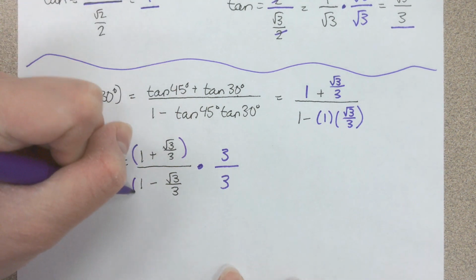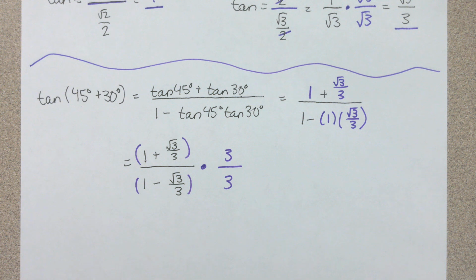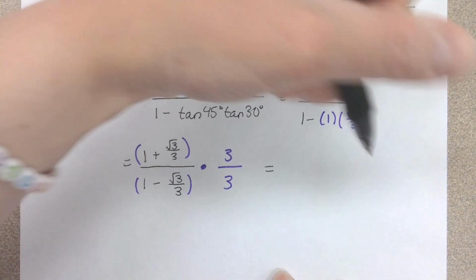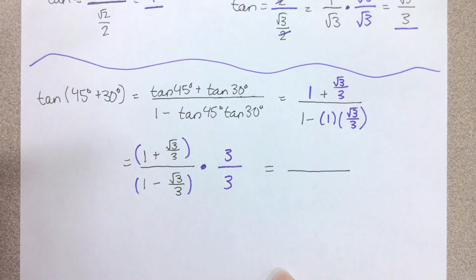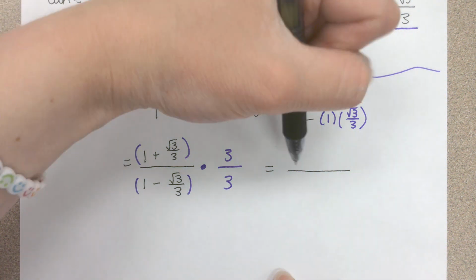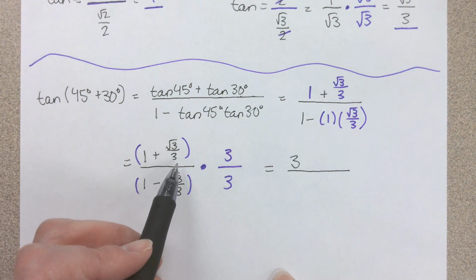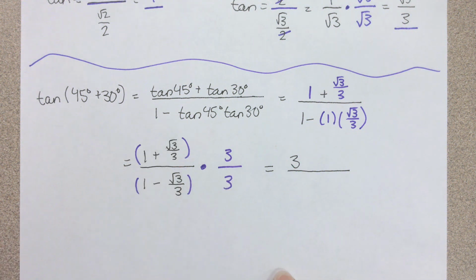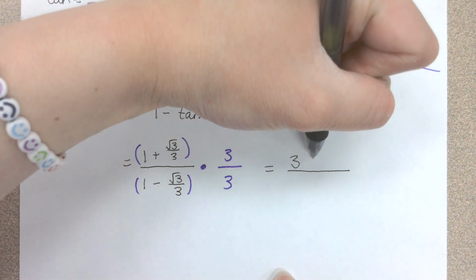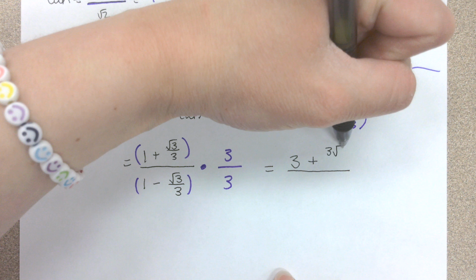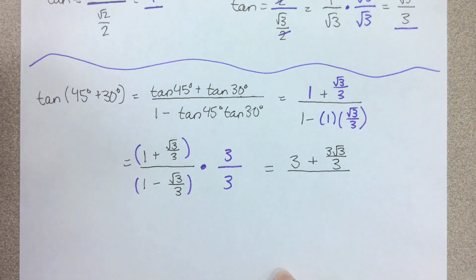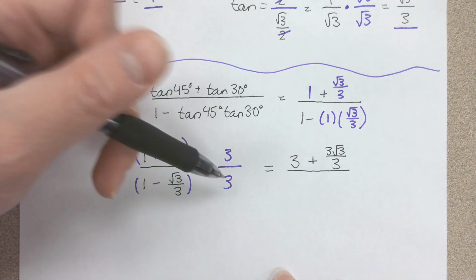Reminder, when you do this, you're multiplying the entire expression by that 3. So we're distributing here. Distributing, we have 3 times 1, that's 3. And then we have 3 times rad 3 over 3. This first time I'll do it the, quote, long way. That gets us plus 3 radical 3 over 3. And then on bottom, 3 times 1 is 3.